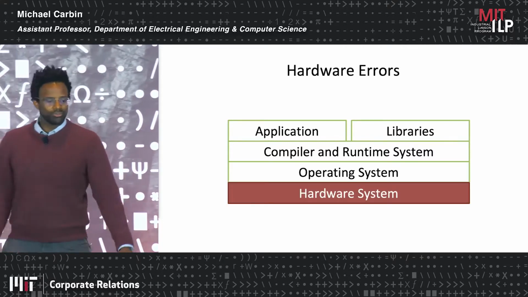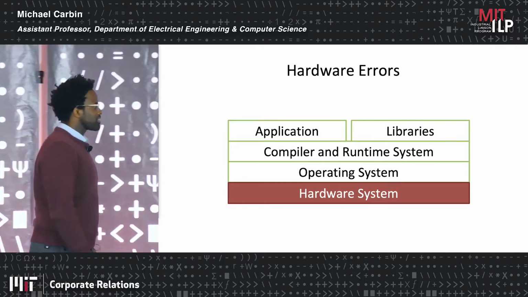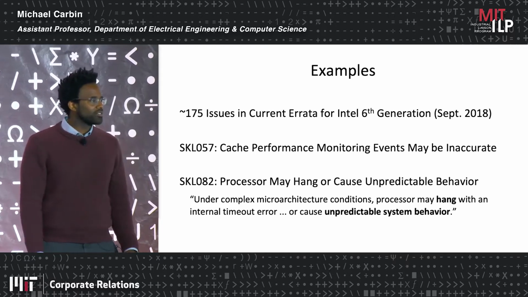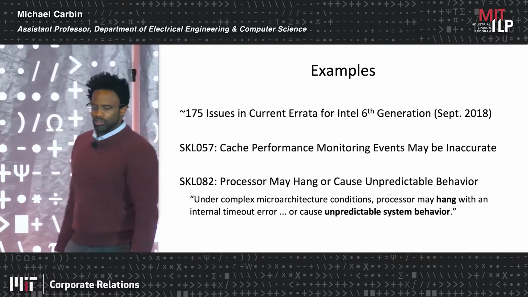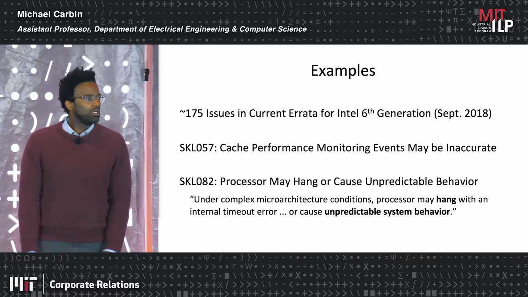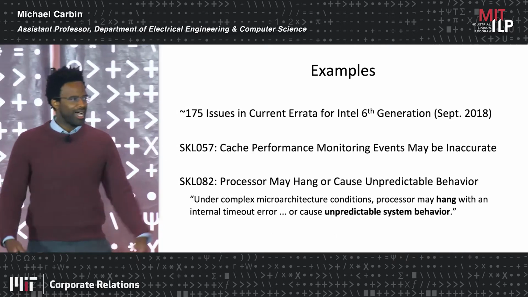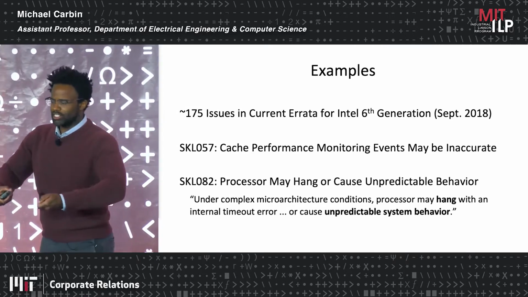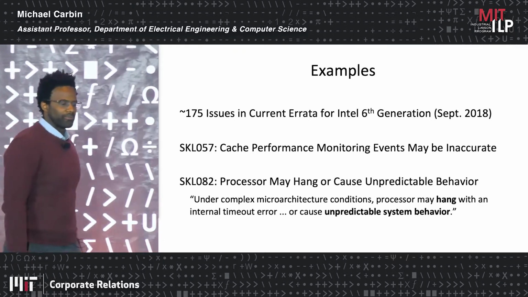Unfortunately, that's not true. This may come as a shock to some of you, but what you can do is actually go to Intel's website and download the errata for the processor that's sitting in the machine that you're staring at right now. And it will tell you all the things that are wrong with the processor that's in your machine. Some of these are going to be relatively benign. Unless you're doing low-level performance engineering, really trying to squeeze the performance out of your machine, that top issue that I list there doesn't really matter.